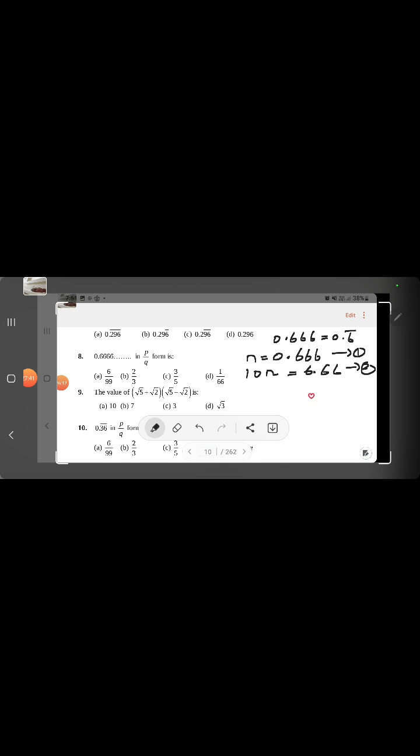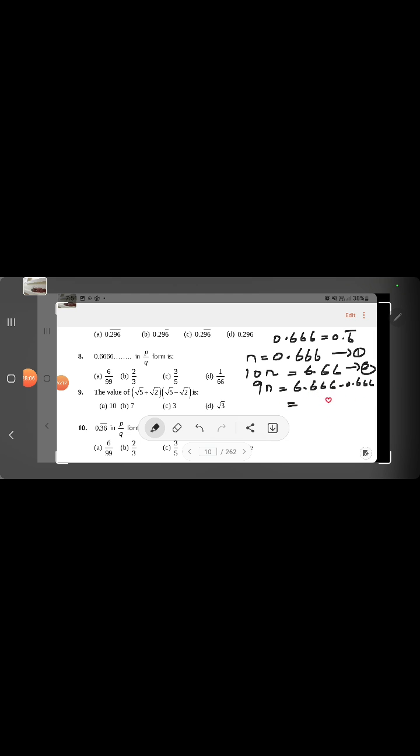Okay, subtracting 2 from 1, we get 10n minus n, which is 9n. 9n is equal to 6.666 minus 0.666, which goes on.